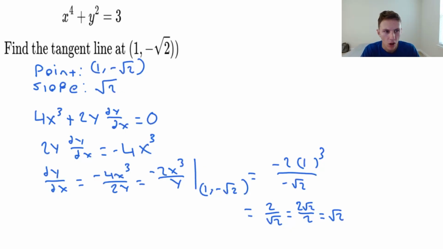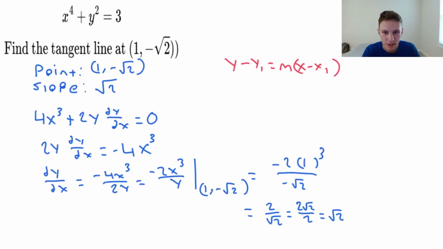Now all we have to do is plug into point-slope form. I keep saying slope-intercept form, I mean to say point-slope form. That's going to be y minus y1 equals m times x minus x1. So it's going to look like this. Hopefully this looks familiar. If it doesn't, go check my last video I just uploaded.